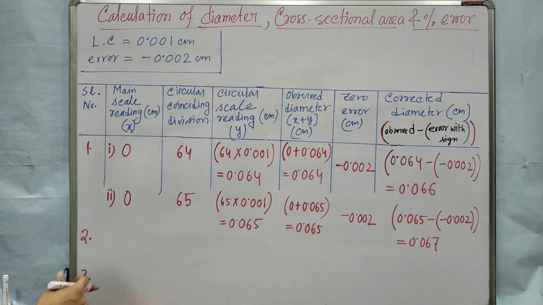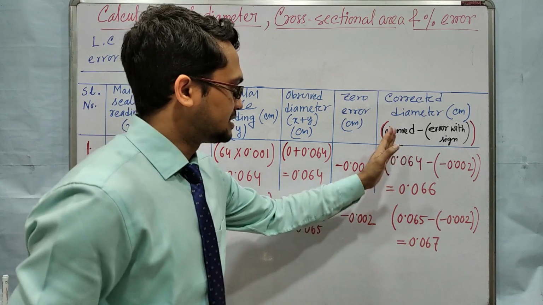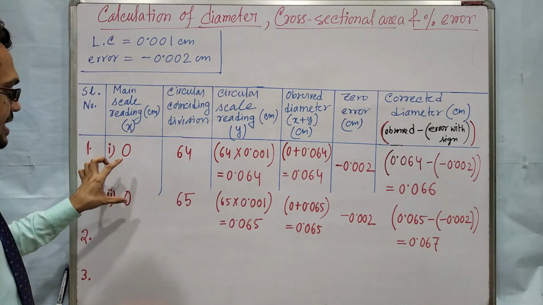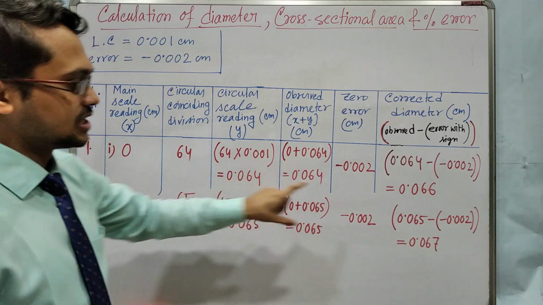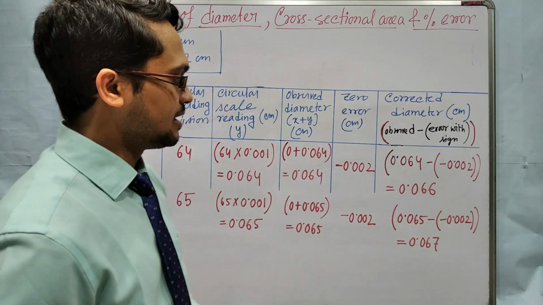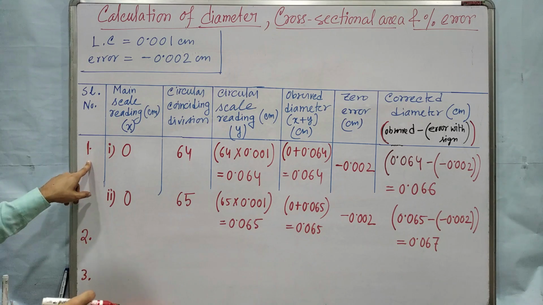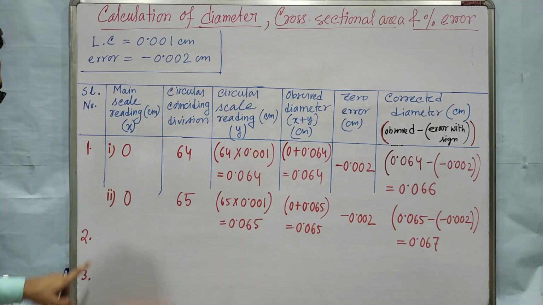In this way you will get 6 readings, so 6 corrected diameters. You will take the average of these 2 consecutive corrected diameters. Then you will get the mean diameter for serial number 1, serial number 2, and serial number 3.